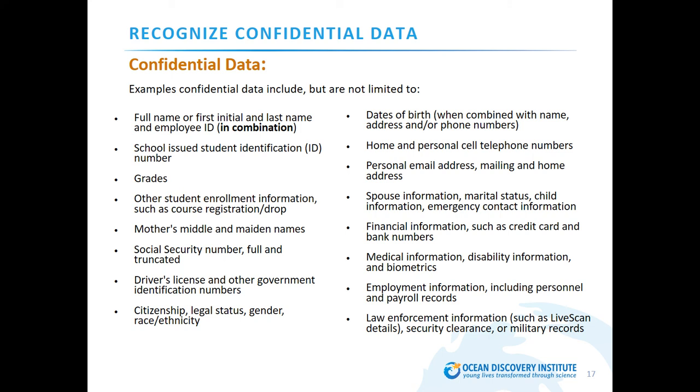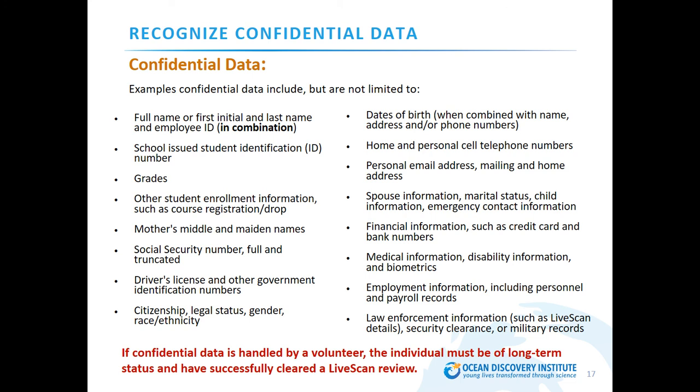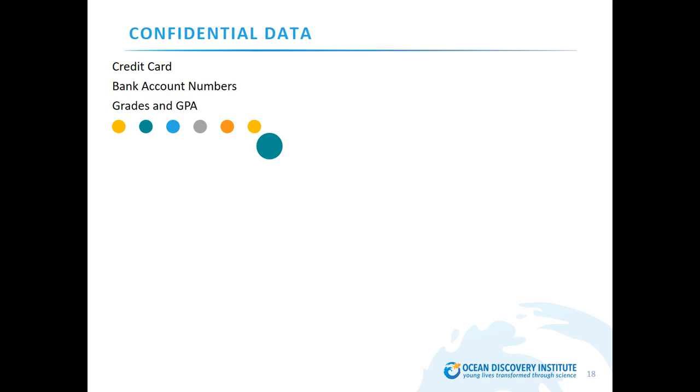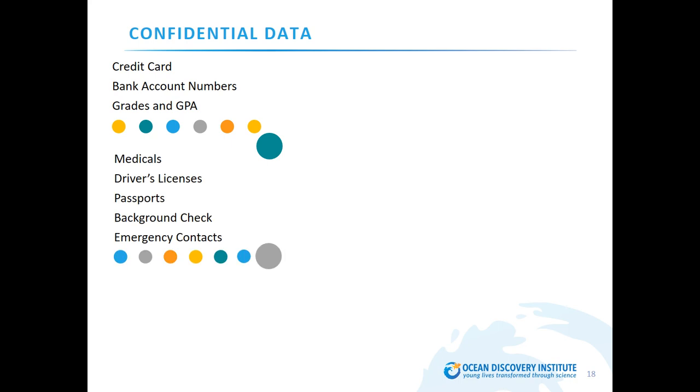At Ocean Discovery Institute, if confidential data is handled by a volunteer, the individual must be of long-term status and have successfully cleared a live scan review. Confidential data we commonly handle at Ocean Discovery includes credit card and bank account numbers, grades and GPA, medical records for students or staff, driver's license, passports, criminal background checks, and emergency contact information.